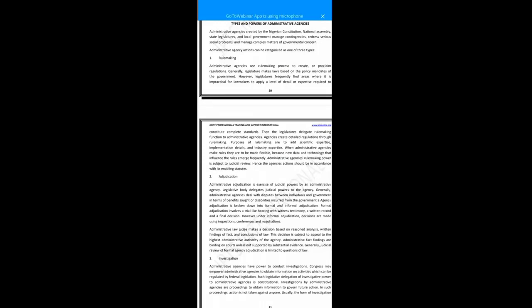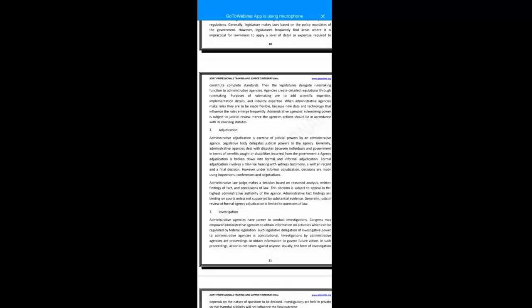Administrative fact findings are binding on courts unless not supported by evidence. The administrative agencies are there to help deal with disputes between individuals and the government in terms of benefits sought or disabilities incurred.